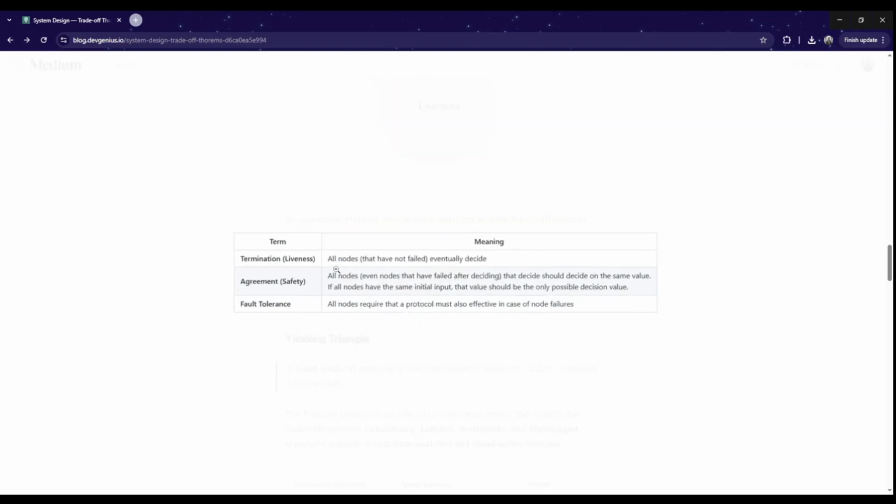Termination means all nodes will eventually decide which value to be considered as the right value. Agreement is that all nodes decide on the same value. If all nodes have the same initial input, the value should be the only possible decision value. And fault tolerance means that a protocol must also be effective in case of node failures.